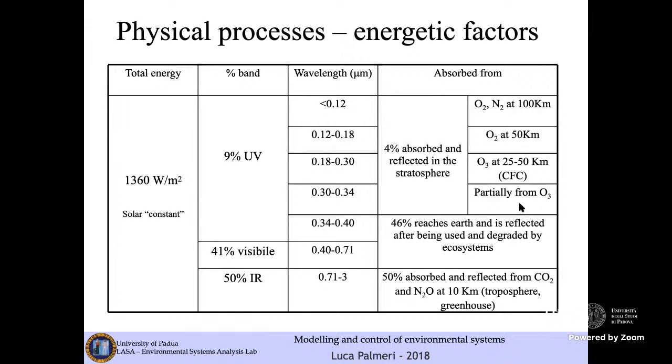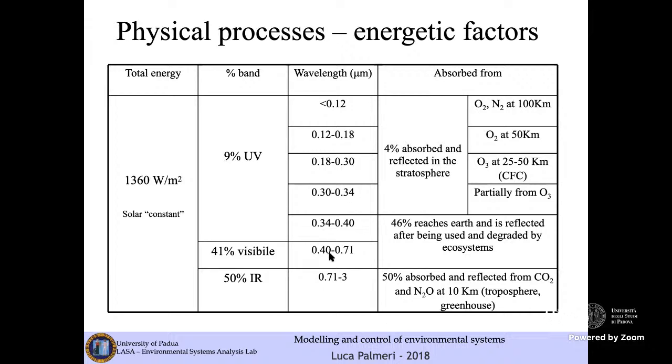Partially, this energy is absorbed by ozone, and of this, the quantity of ultraviolet in the range 0.34 to 0.40 microns, plus the visible quota, is what reaches the Earth. So ultraviolet plus visible is equal to 46% of all the radiation that arrives onto the surface, and it is reflected after being used and degraded by the ecosystem.